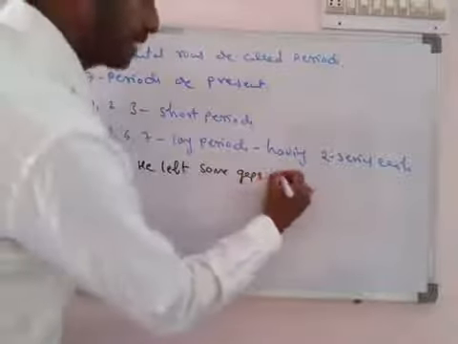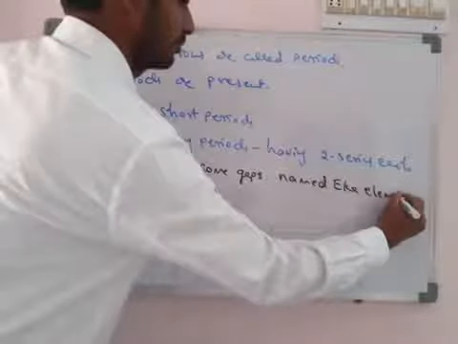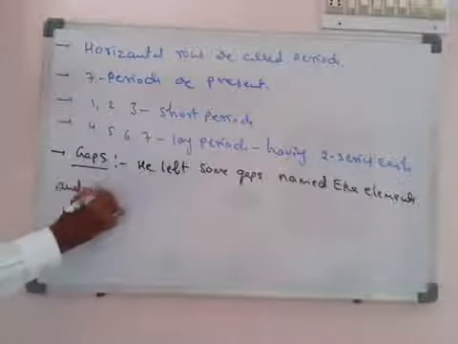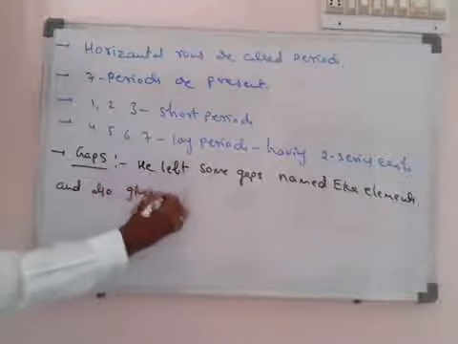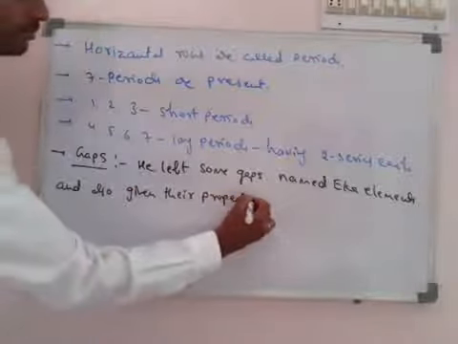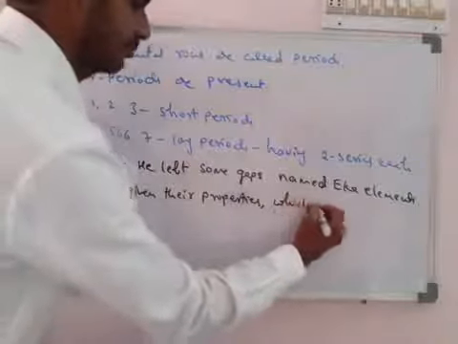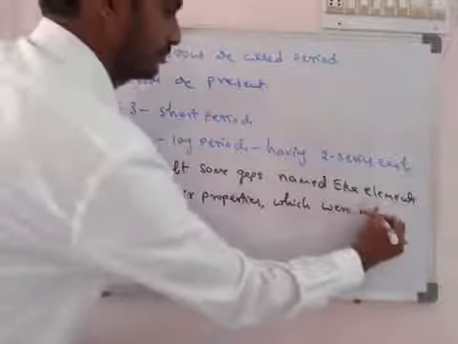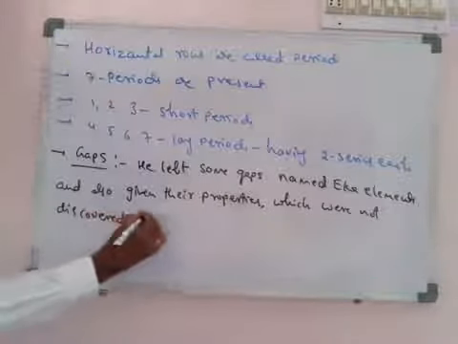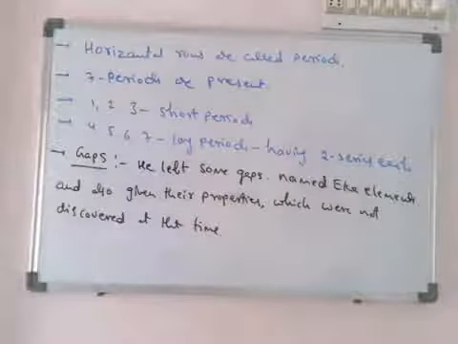He left some gaps named eka elements. Not only named, but also given their properties, which were not discovered at the time.